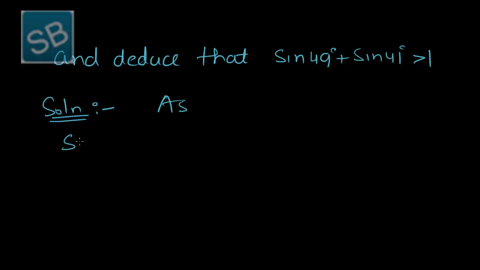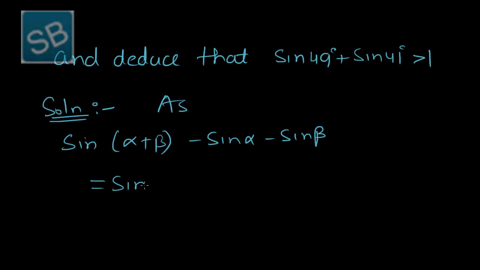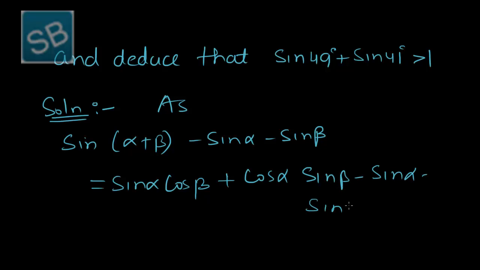sin(alpha plus beta) minus sin alpha minus sin beta is equal to sin alpha cos beta plus cos alpha sin beta minus sin alpha minus sin beta.